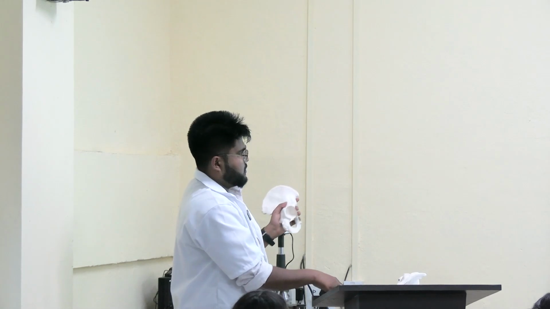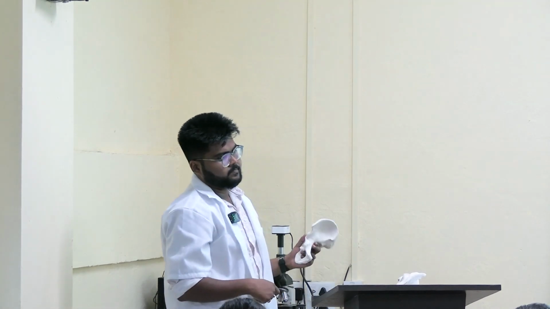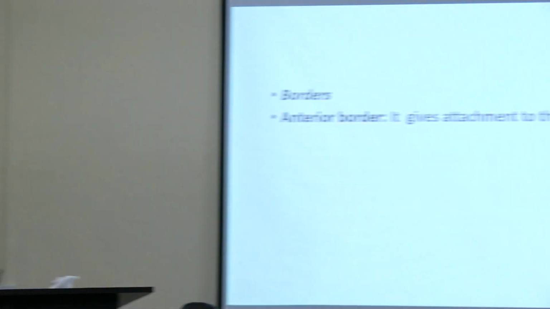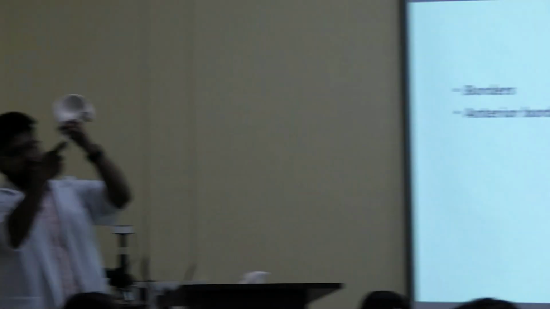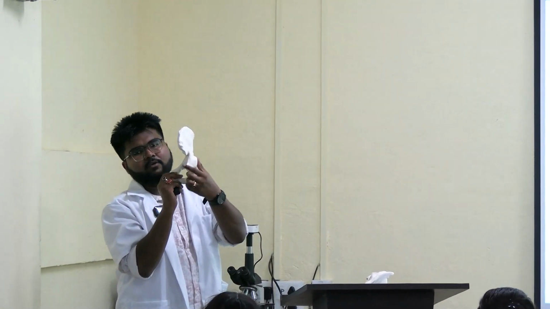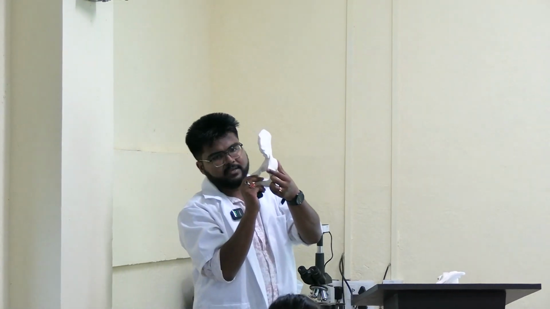See here. This is the anterior border, and this is the posterior border. Here one spine is present, it is called the ischial spine.